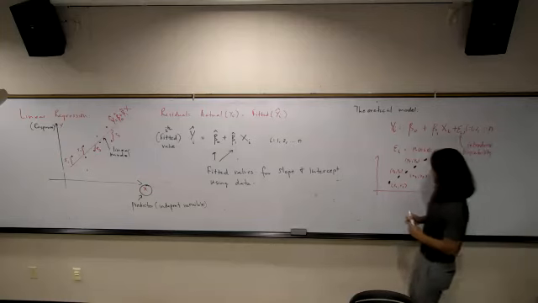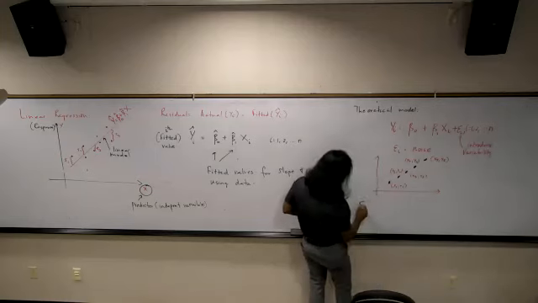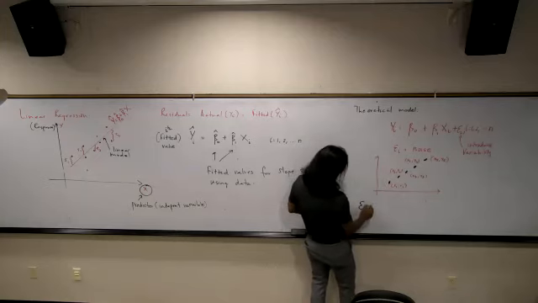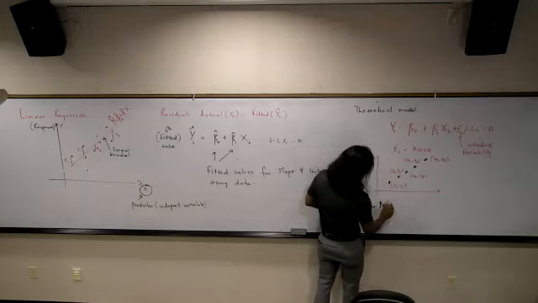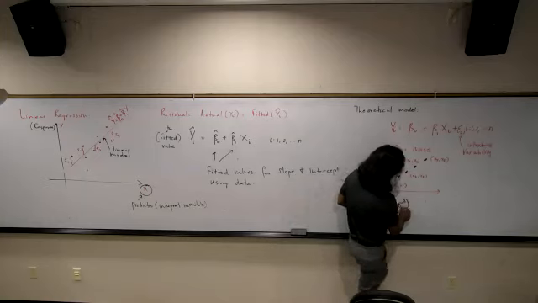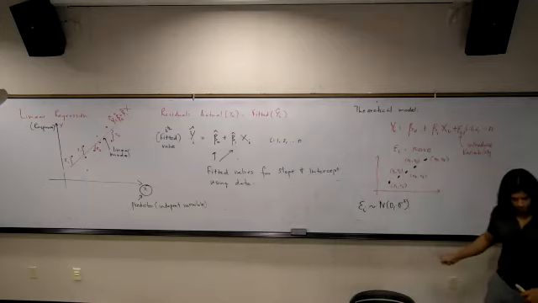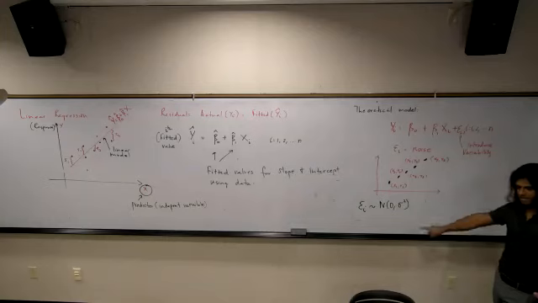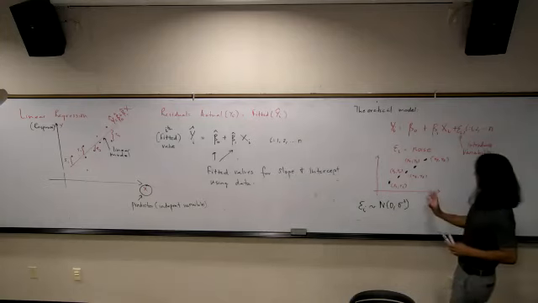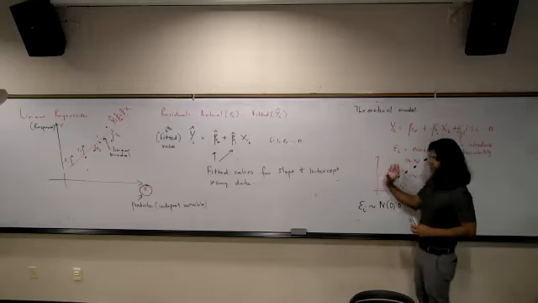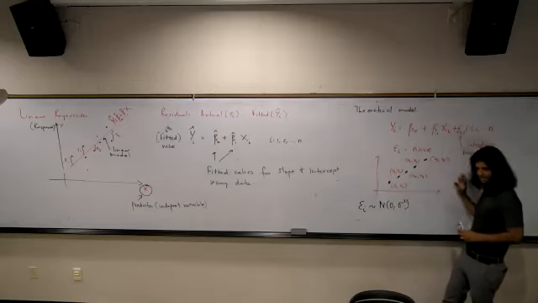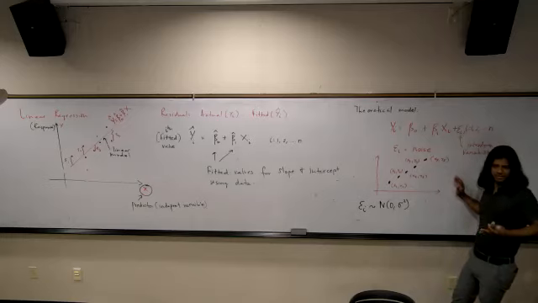We have a condition: those values must have a normal distribution, mean zero, some variance, sigma squared. If it is not normal, then noise is probably getting added more on this side, less on that side. That is not going to give you a good estimate.